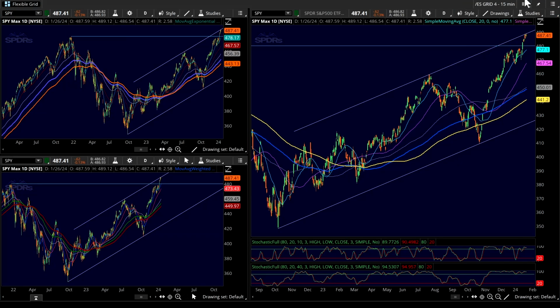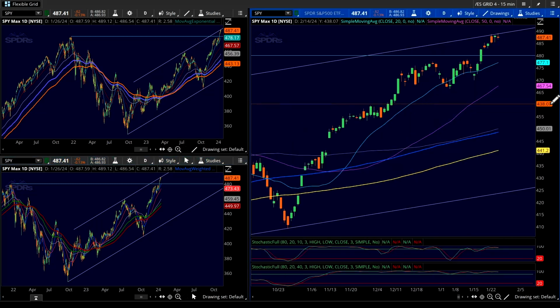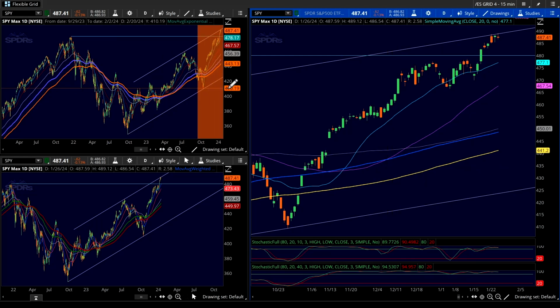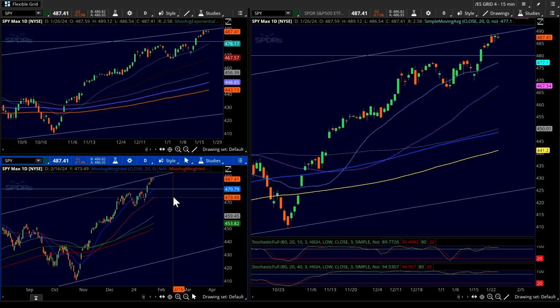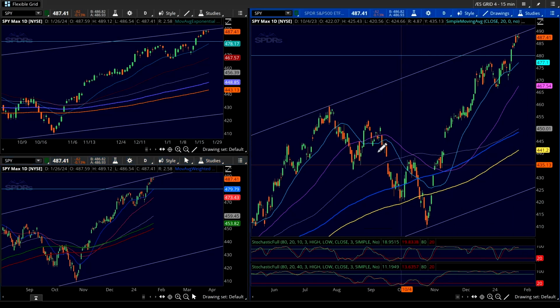Anyway, let's see. I think let's check out the moving averages here. So we got the spiders, day. So what I explained a little bit in the other video for the futures is that price usually only goes so far away from the 20 moving average. The blue line is the 20 moving average. So what you want to do is find a big move.